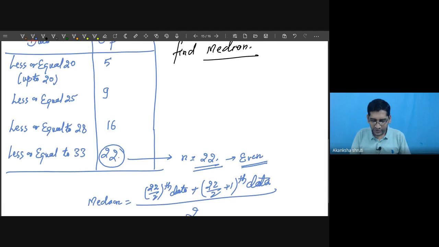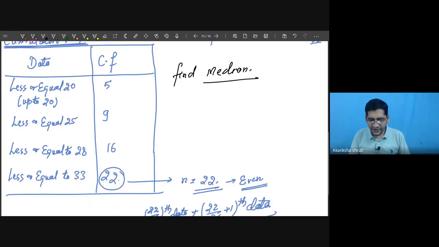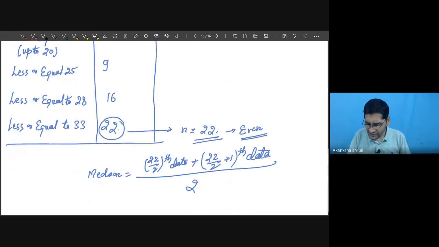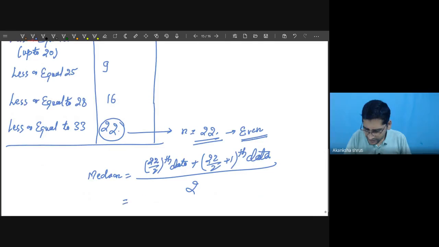Now, how does this cumulative frequency table help in determining this? This is the same as the 11th data plus the 12th data, divided by 2.